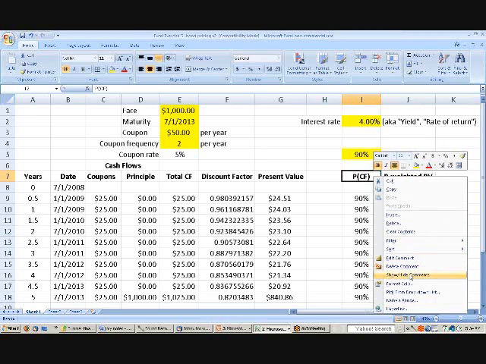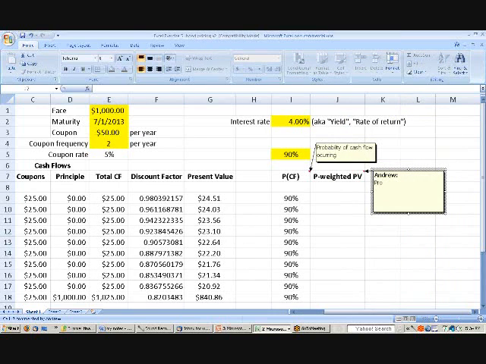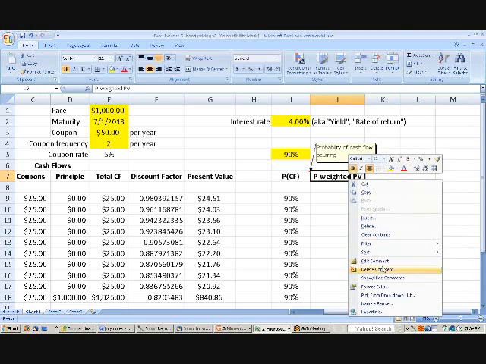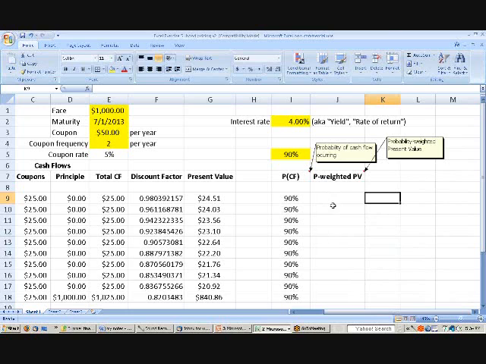And this one is probability weighted present value. So for the probability weighted present value, we're just going to multiply the probability times the present value.